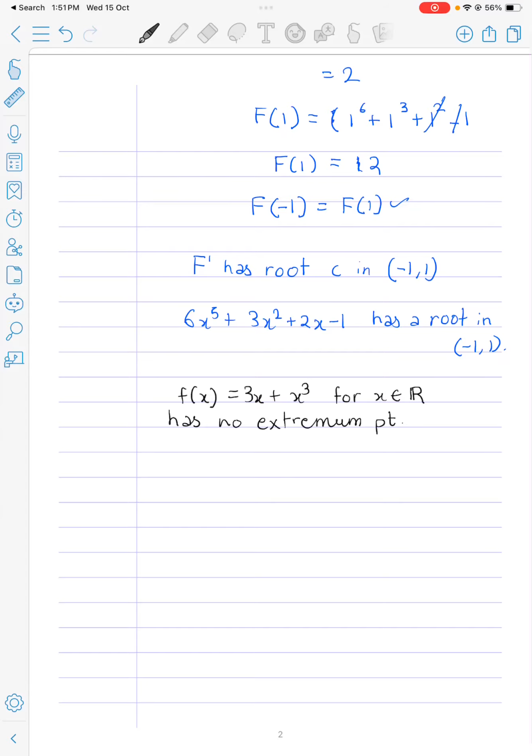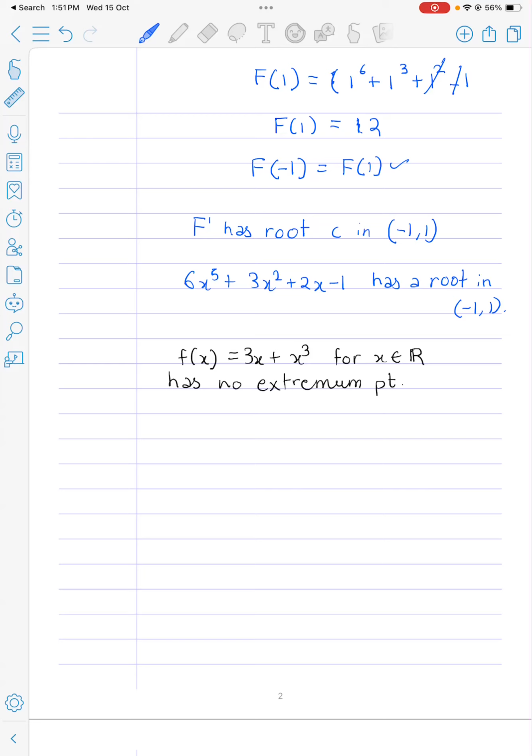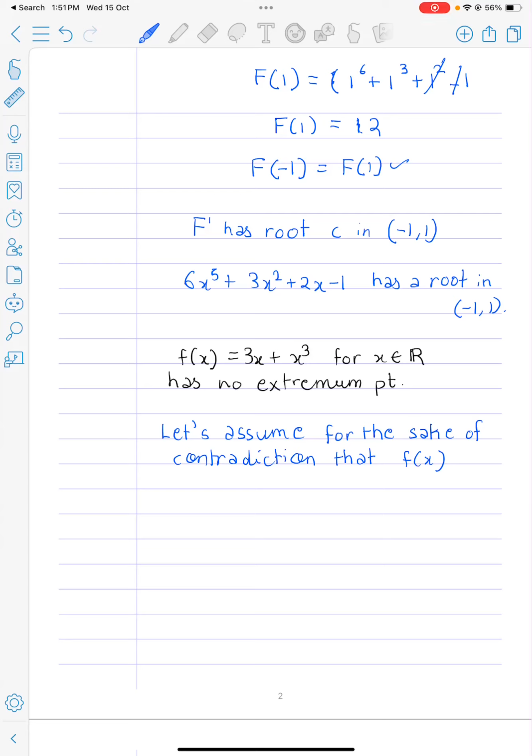So let's assume, for the sake of contradiction, that f(x) has an extremum point.